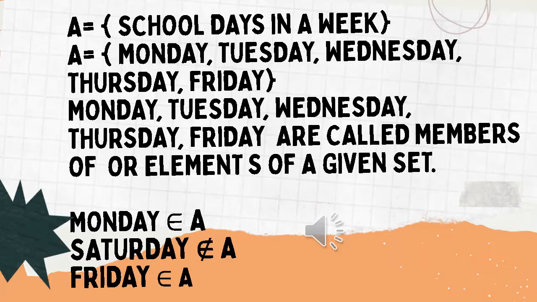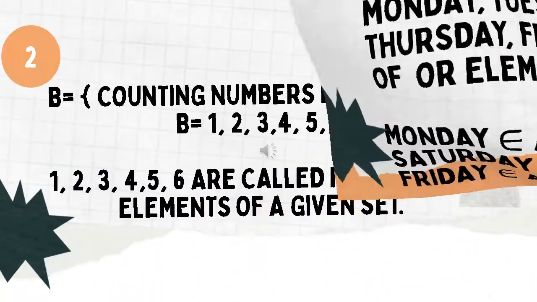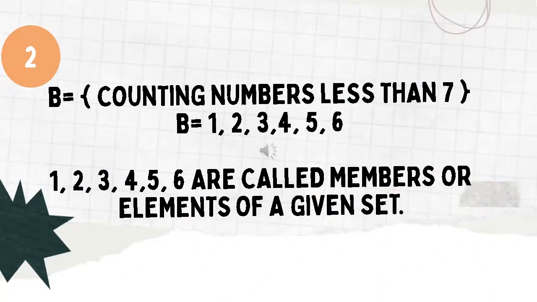So, Monday is an element of set A, Saturday is not an element of set A, and Friday is an element of set A. Okay, another example is set B is a set of counting numbers less than 7.